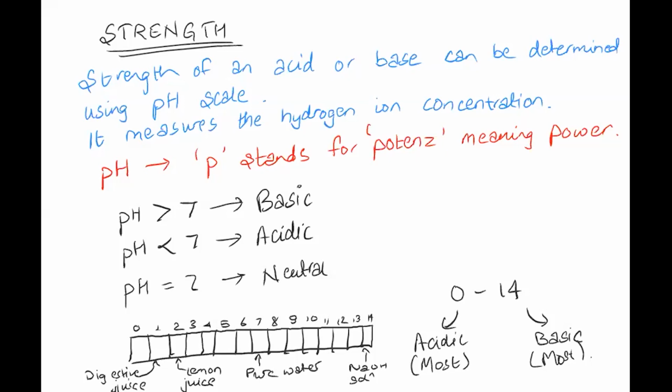Hydrochloric acid, that is HCl, will produce more H plus ions when compared to acetic acid. That's why we call hydrochloric acid a stronger acid. So this is the basic idea about strength and how we come to know about it.